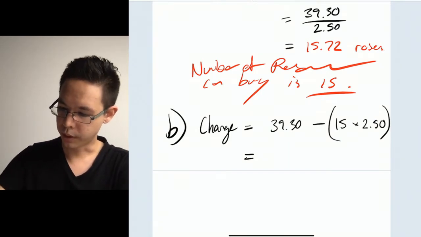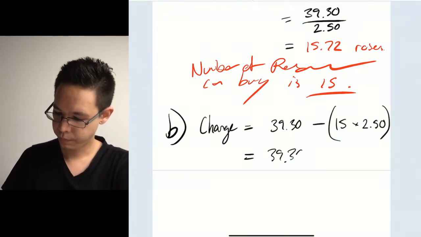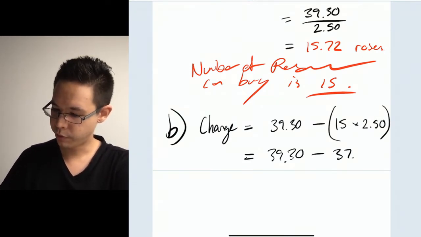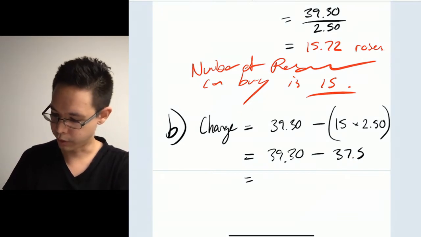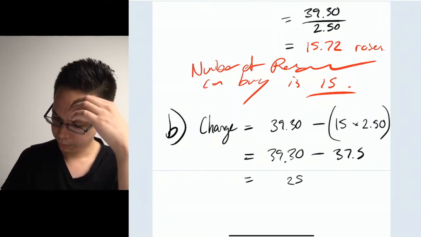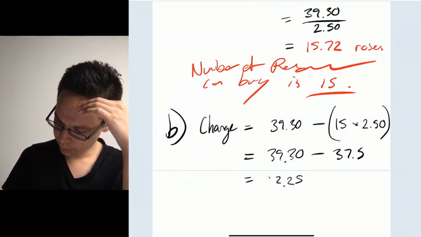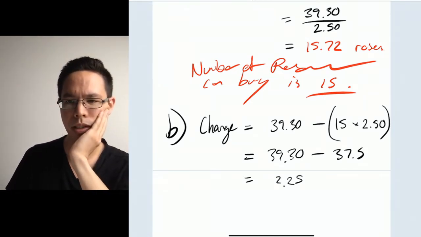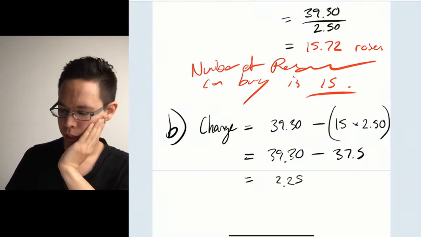15 times $2.50 is $37.50. That's going to give us $2.25. Did I calculate that right? That doesn't look right. I probably did some maths wrong here.